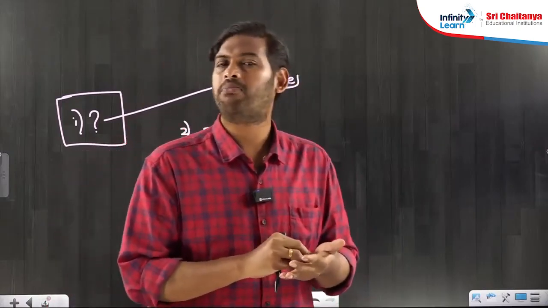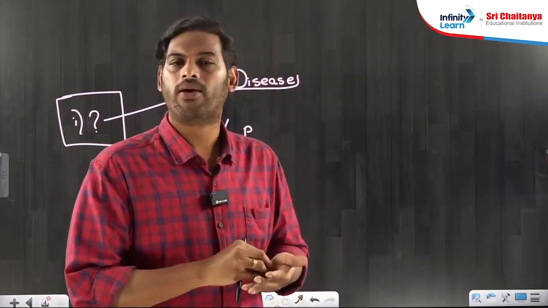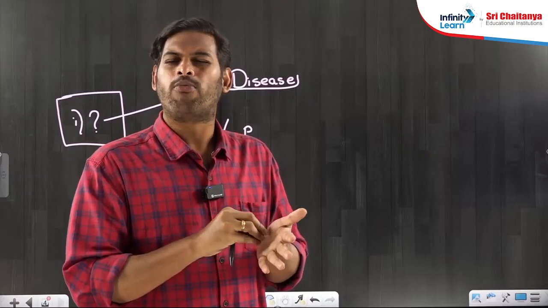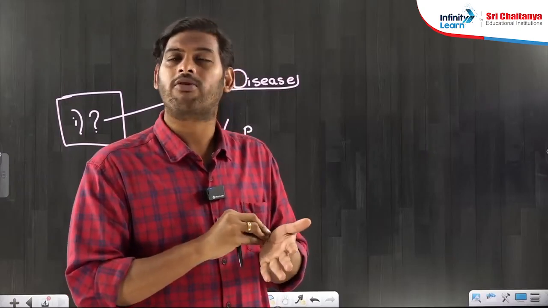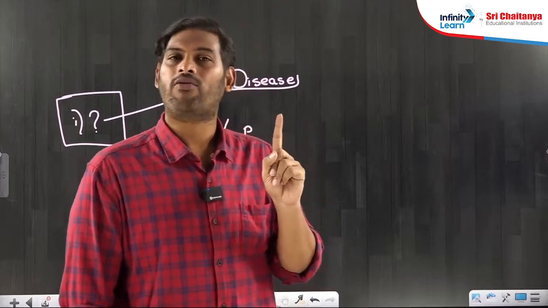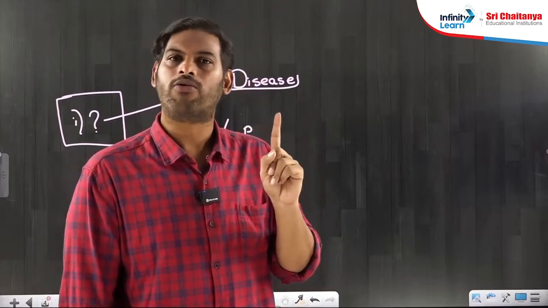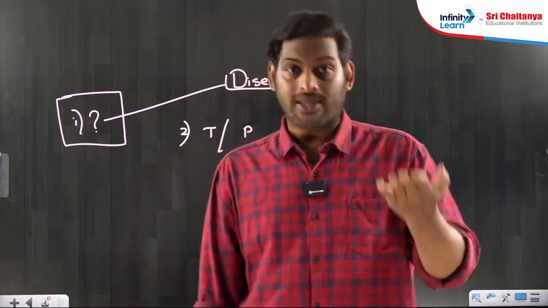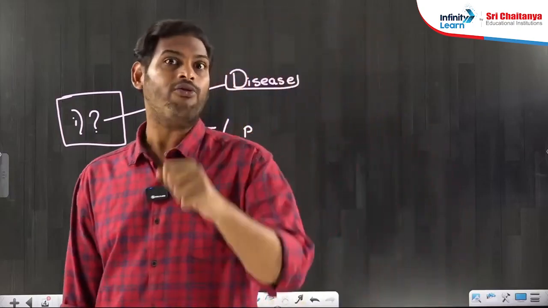Guys, it might be permanent because of genetics. If you're getting problematic genes, DNA from your parents, from day one of your birth, we have to live with the disease like Down syndrome, Klinefelter syndrome, Turner syndrome, sickle cell anemia, hemophilia.